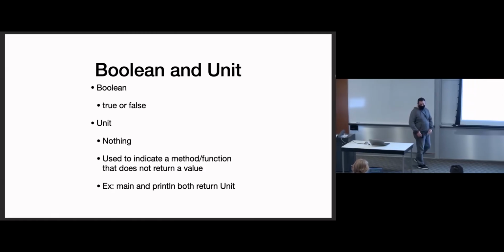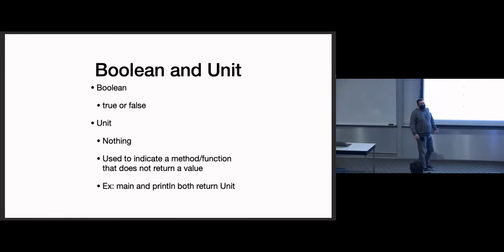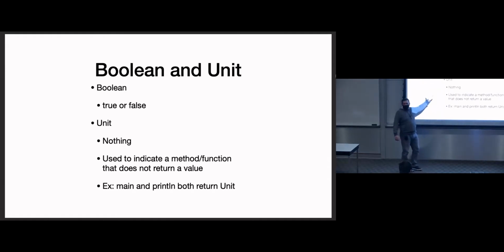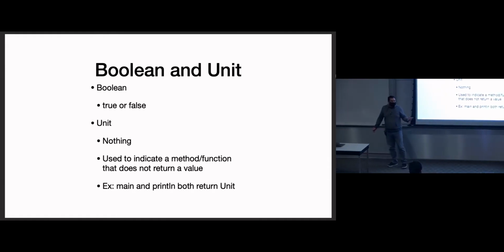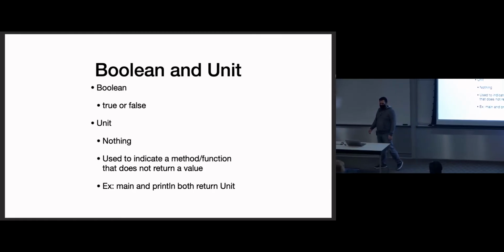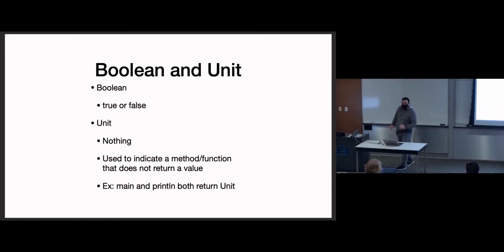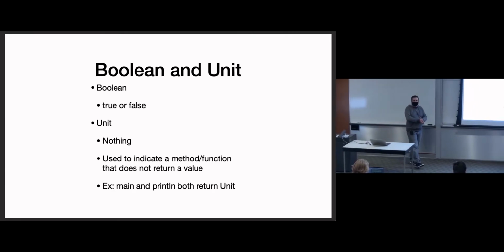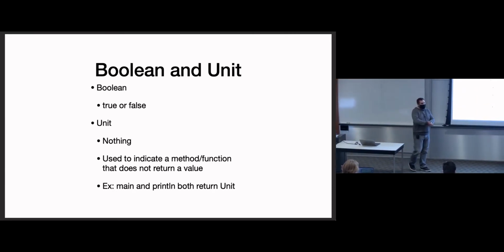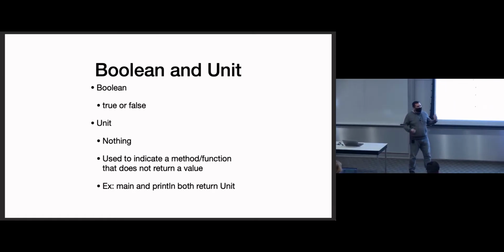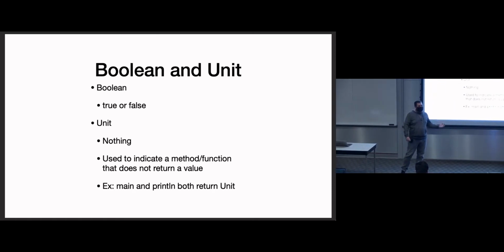Boolean and Unit. Boolean, I don't really have anything to talk about. True or false? For what it's worth, lowercase t, lowercase f. And then Unit, this is nothing. We use this as a return type for methods that don't return anything, methods that we call for purposes other than returning a value. For example, the main method, we don't want the main method to return anything.